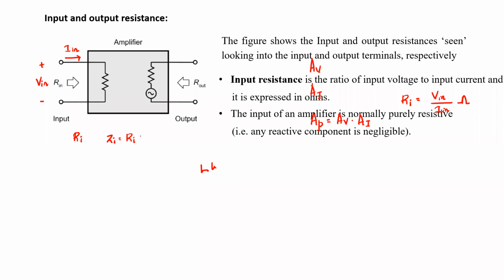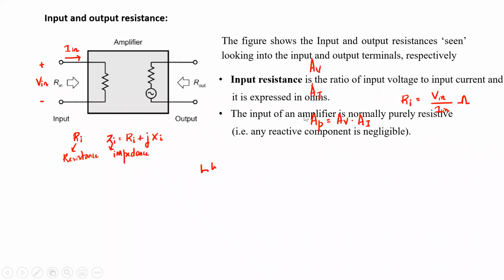Zi is Ri plus j Xi. Now, what is Ri and what is Zi? Zi is the impedance, mind you, whereas Ri is the resistance.